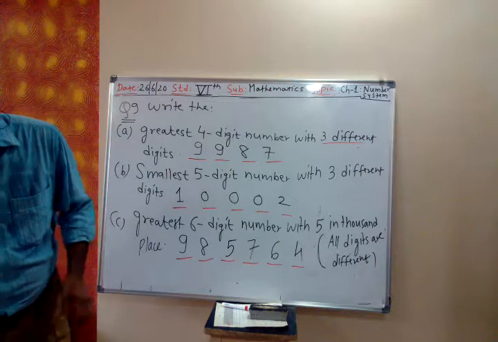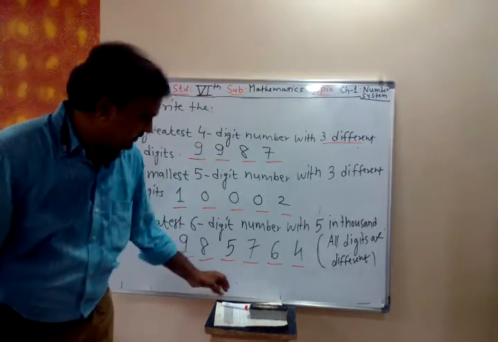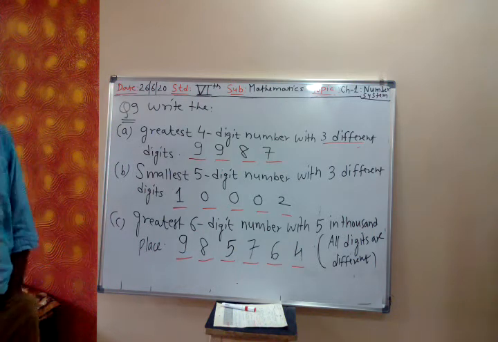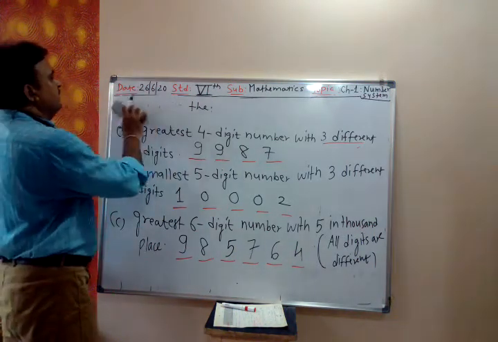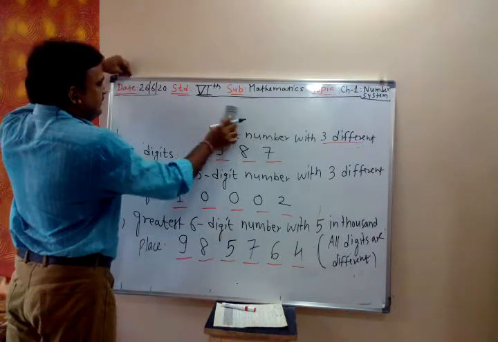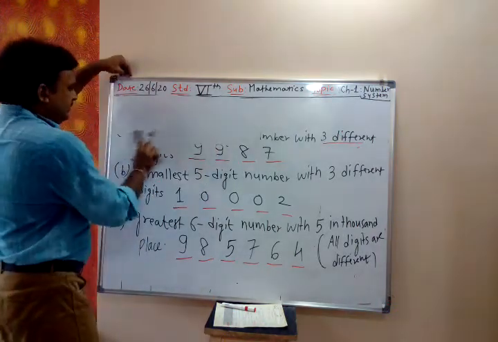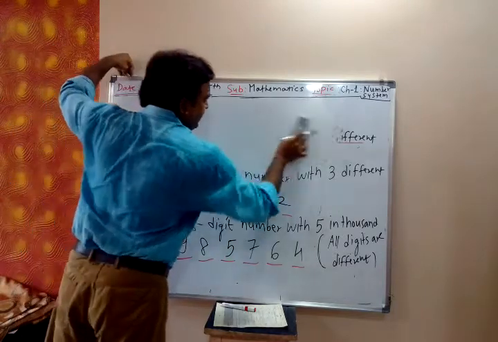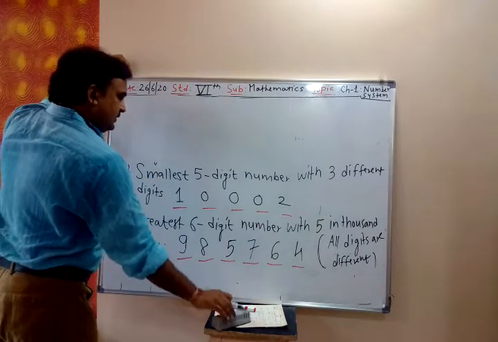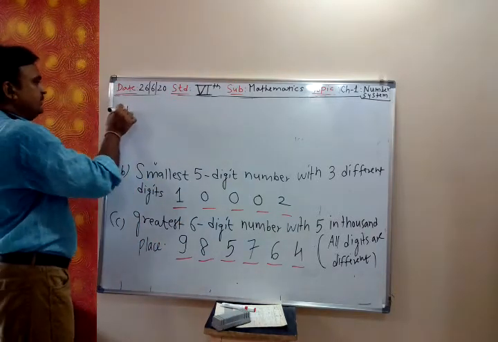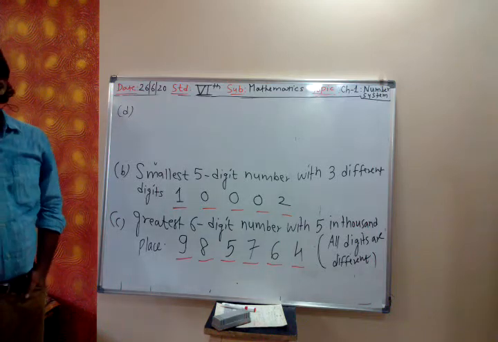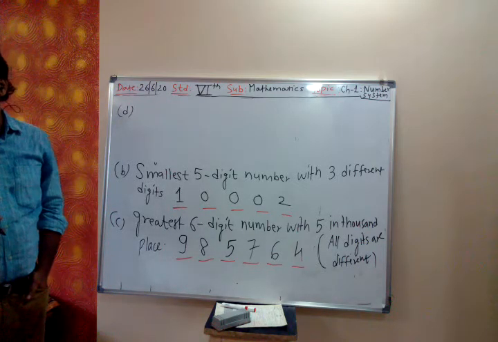Then smallest 5-digit number with 0 in 100 place. Smallest 5-digit number with 0 in 100 place. Yes, all of you can hear me?